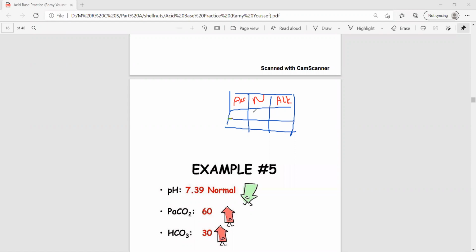And carbon dioxide is almost 8. So this is acidotic. CO2 is acidotic. And bicarbonate is alkalotic. Bicarb is alkalotic.